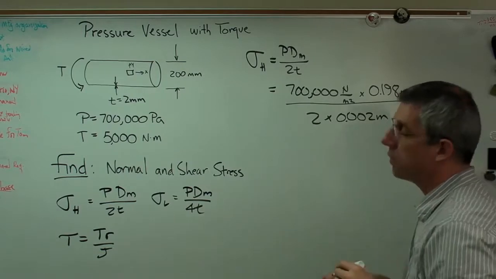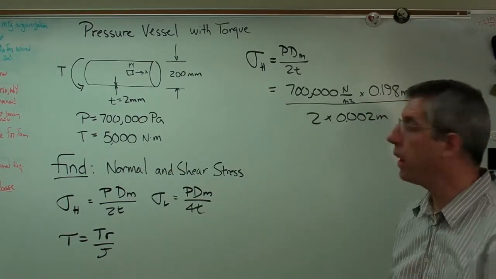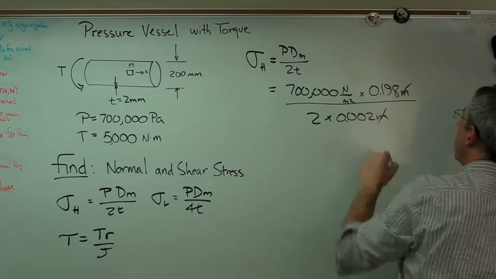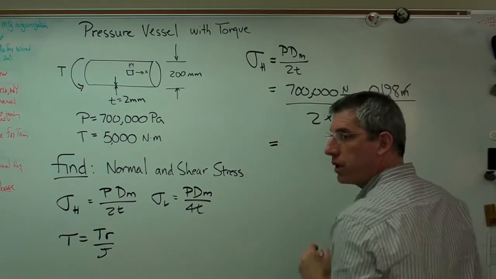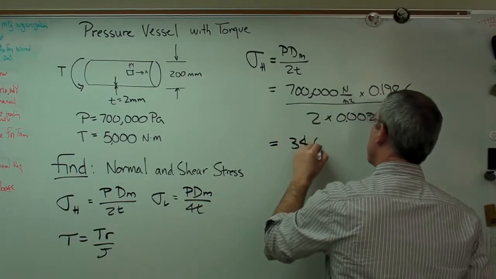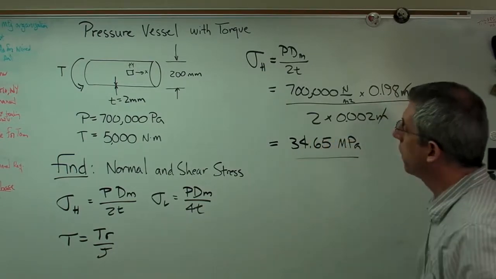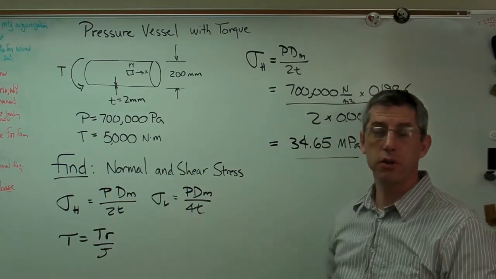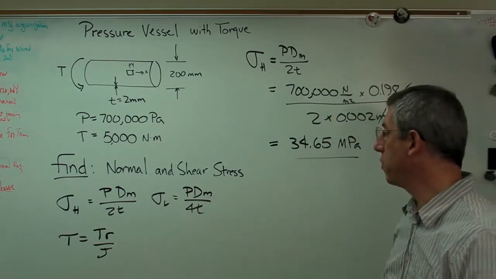I have a 2 millimeter thickness. Now let's check the units real quick. The stress should come out in pascals, newtons per meter squared. So if I cancel that and that out, I'm going to get pascals, right? This works out to be 34.65 megapascals. Now, to figure out longitudinal stress, we can either go through this calculation again, or we can do the shortcut.